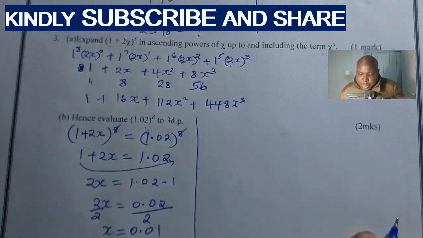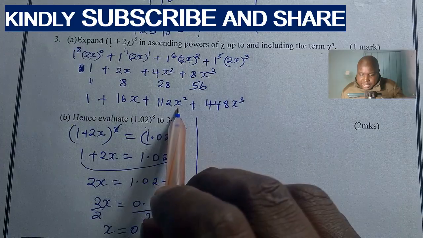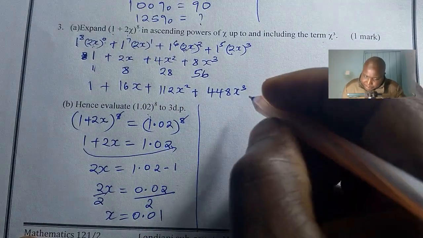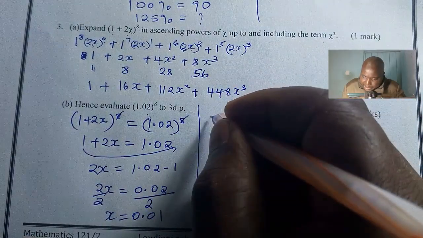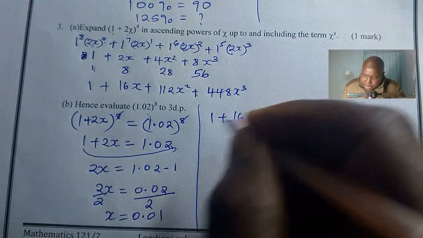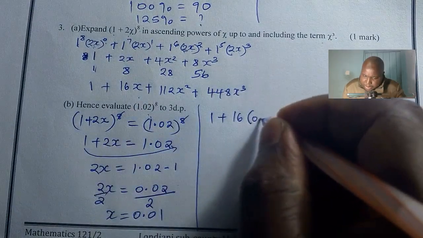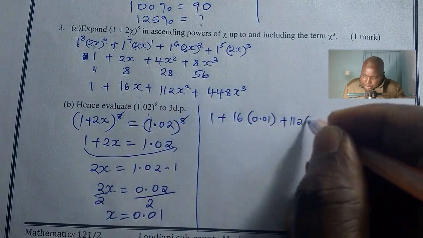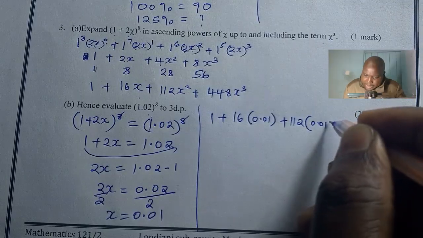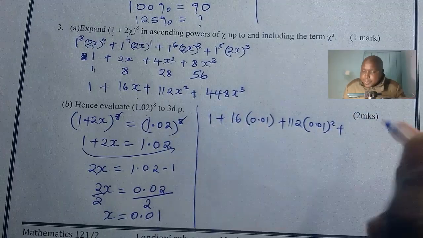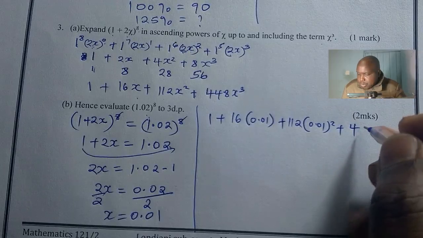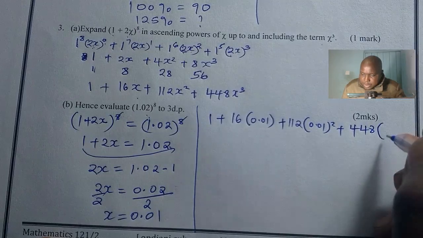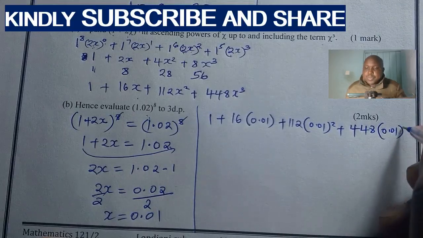Now anywhere in our expansion where you have x, you substitute with this value. 1 plus 16 into x, which is 0.01, plus 112 into 0.01 squared plus 448 into 0.01 cubed.